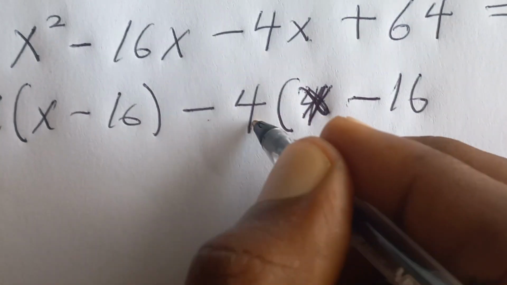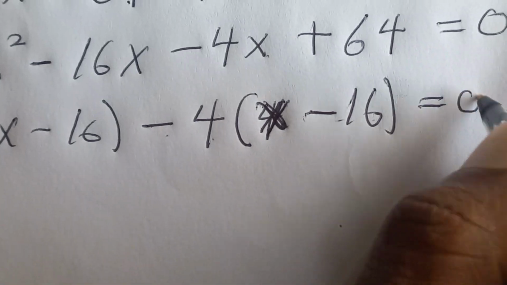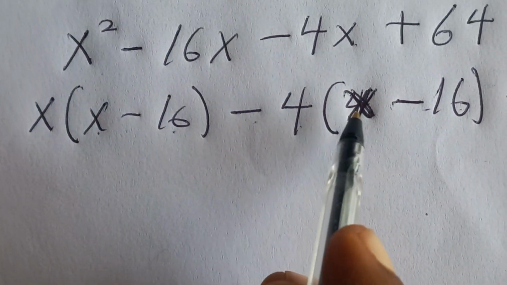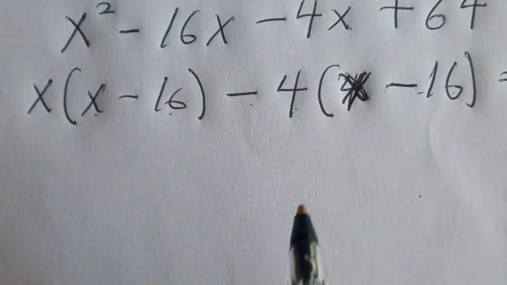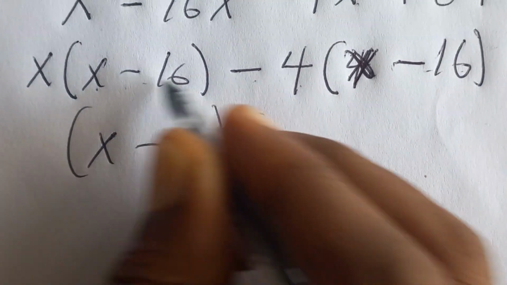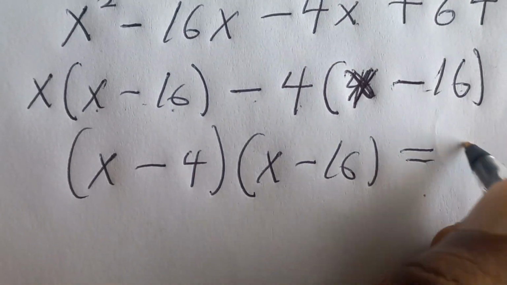So negative 4 times negative 16, we are going to get 64, which is equal to 0. So now x minus 16 is common here. So we say that x minus 4 in a bracket, then we pick one of these factors, which is x minus 16, and it is equal to 0.